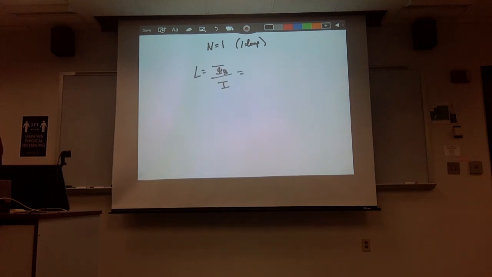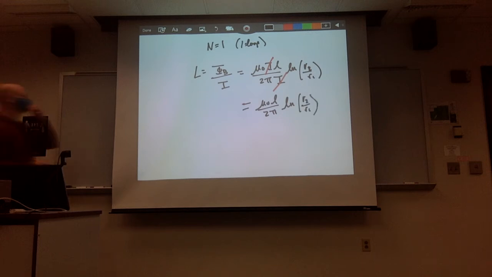So if I plug in my result, this is then going to be mu naught times the current times L divided by 2 pi times the natural log of R2 divided by R1, divided by the current. So that current shows up here, so that's going to cancel this current. So it actually doesn't depend on the current, which then just gives me mu naught L divided by 2 pi times the natural log of R2 divided by R1.